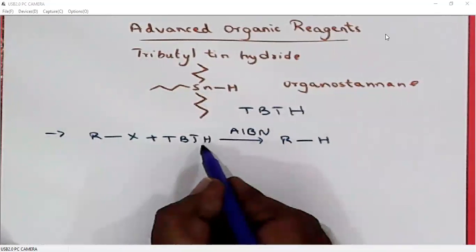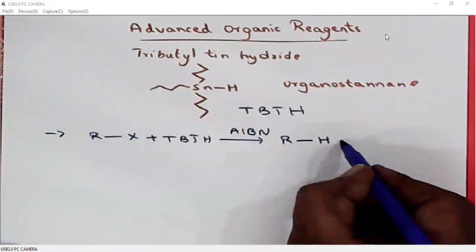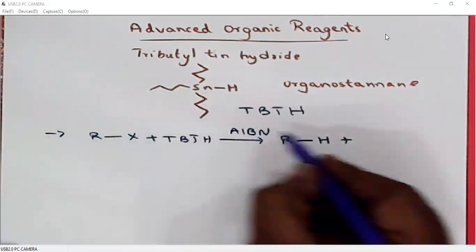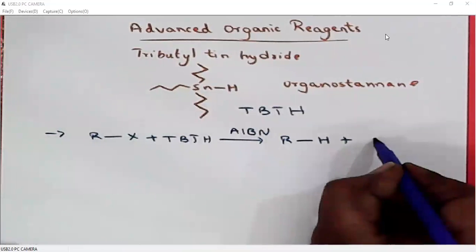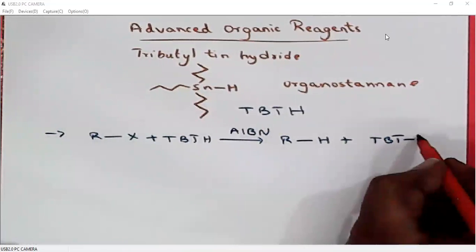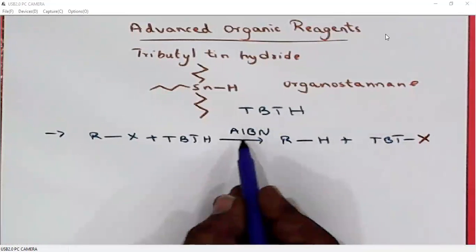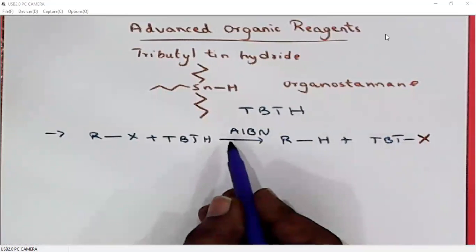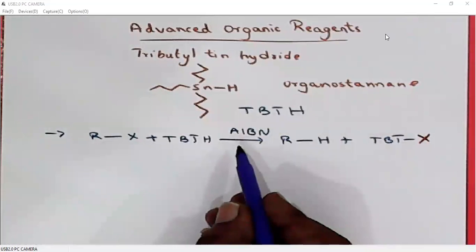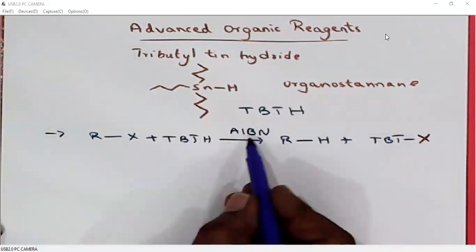So hydrogen from TBTH will be transferred to the alkyl halide, and the halogen will be taken away by tin. We can use any radical initiator, either AIBN or hydrogen peroxide or dialkyl peroxide, whatever it is. We need just a radical initiator.